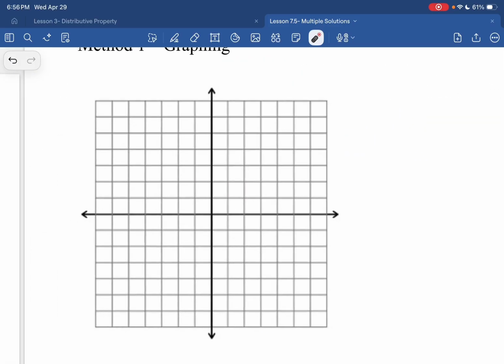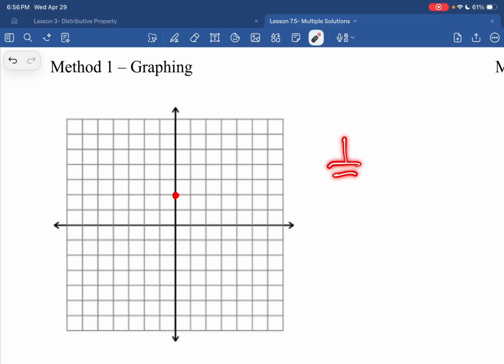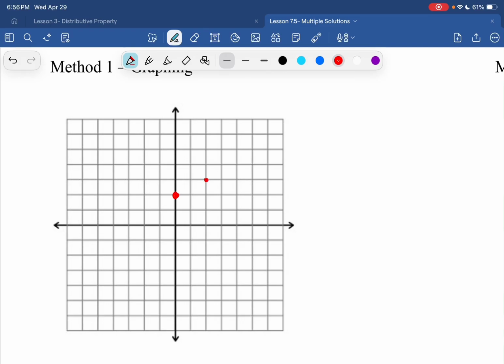So let's graph it. We said that our y-intercept was at positive 2, and that our slope was 1/2. If we have a slope of 1/2, that means we're going to go up 1 and to the right 2, because we need a positive line. So let's go up 1 to the right 2, up 1 to the right 2, and then we have to do the inverse, so we're going to go down 1 and to the left 2.